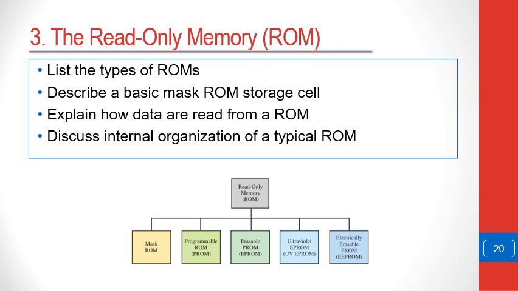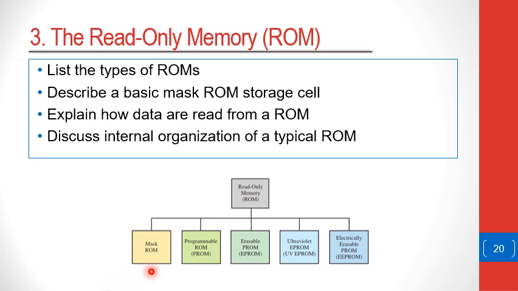At this point, we'll look at read-only memory or ROM. We'll list the types of ROM and should be able to describe the basic mask ROM storage cell, explain how data is read from ROM, and discuss the internal organization of a typical ROM. Read-only memory, ROM, has different types.